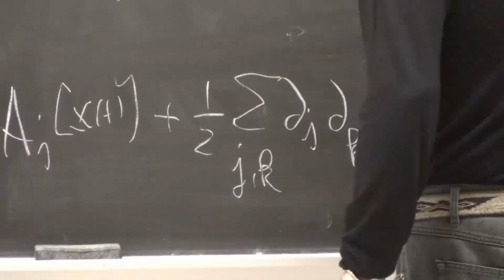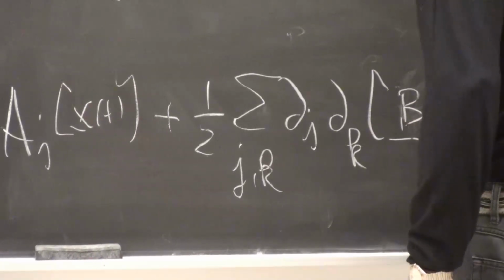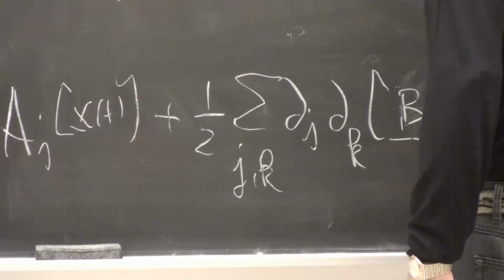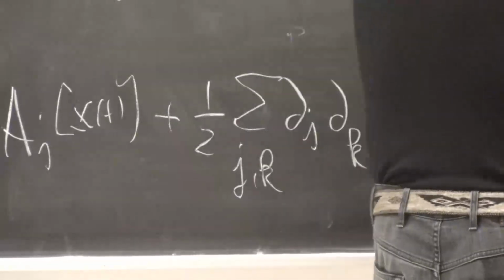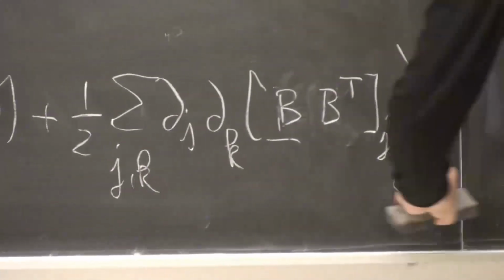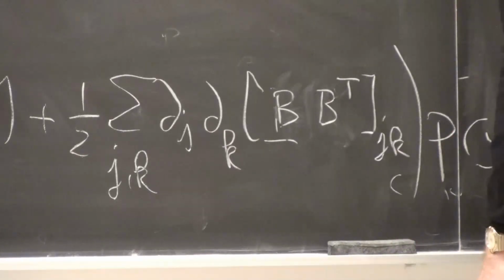You take the matrix B and its transpose, multiply them together and take the matrix element jk. This is a factor in the differential equation, and then you act with all this on your distribution P of x and t.